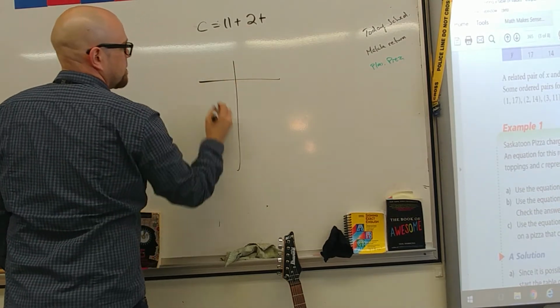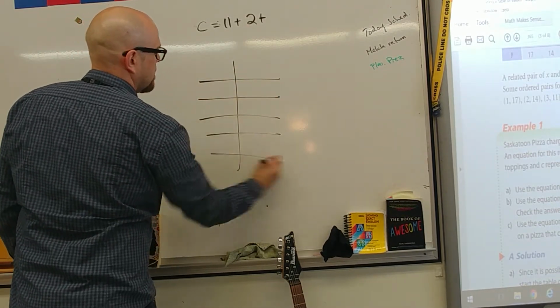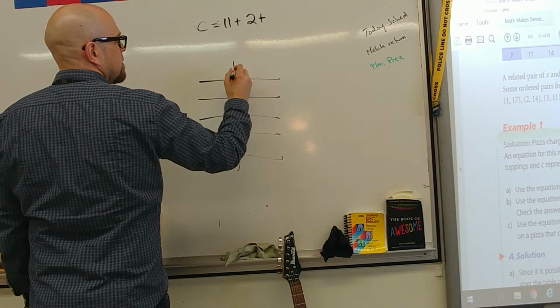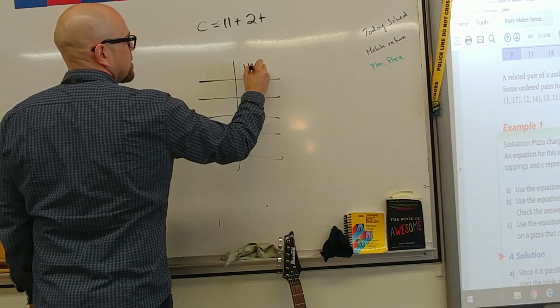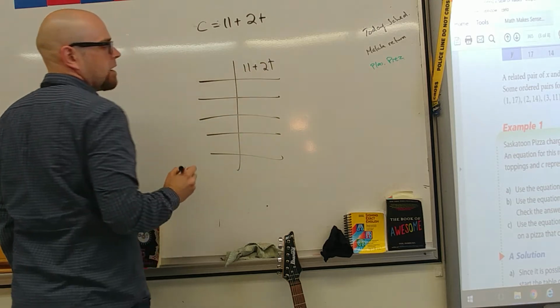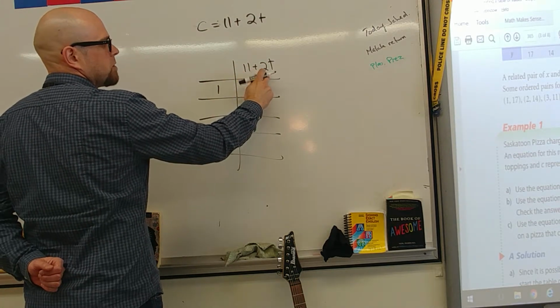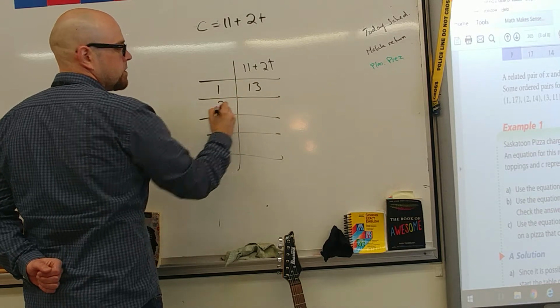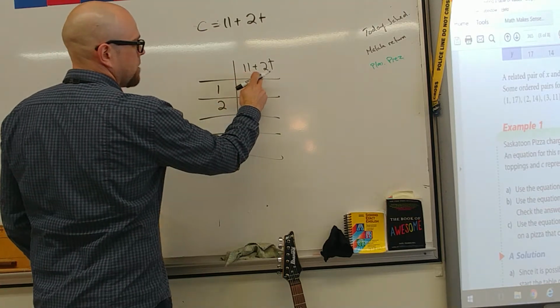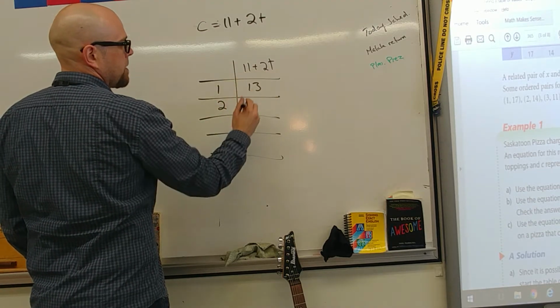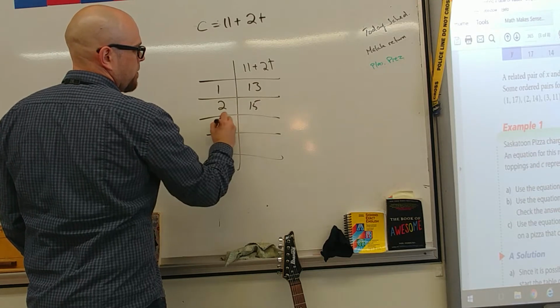So here's our input. What if I want one topping? Well, it's going to be 11 plus 2 times 1. What if I want 2 toppings? Well, it's going to be 11 plus 2 times 2 toppings. What if I want 3 toppings?